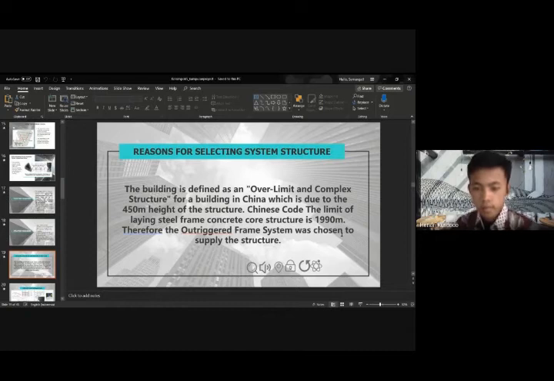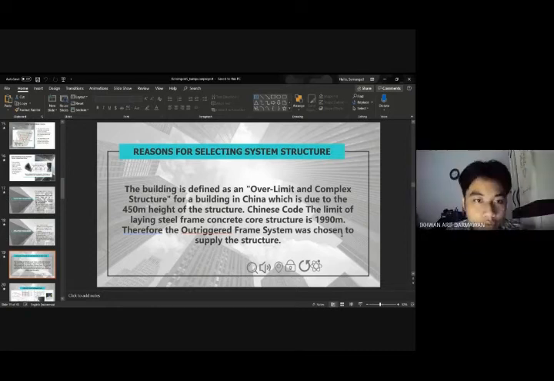Reason for selecting the structural system. The building is defined as an overlimit and complex structure for a building in China, due to the 450 meter height of the structure.